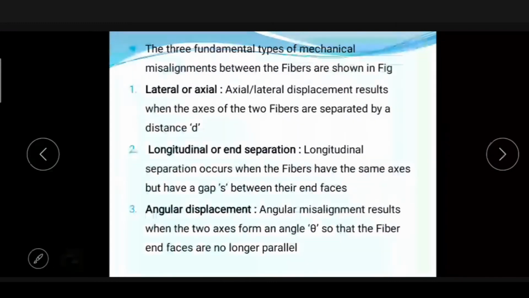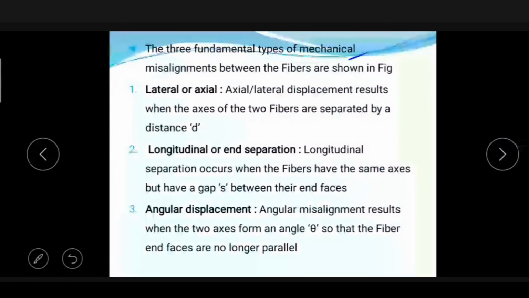Then the three fundamental mechanical misalignments which exist are these three. Remember, this is again a very important topic. They might ask you to explain mechanical misalignment in fiber and explain the different mechanical misalignments with a diagram.